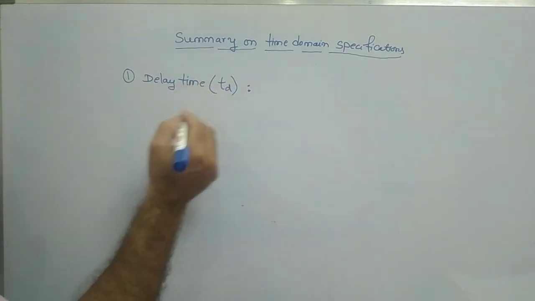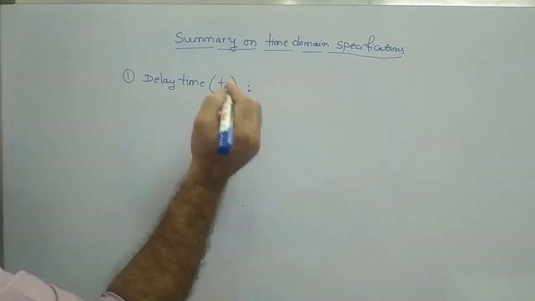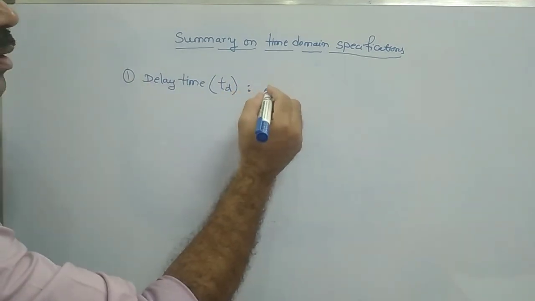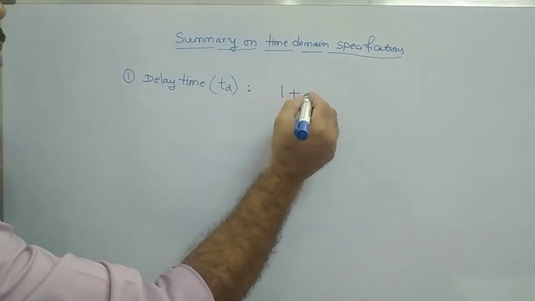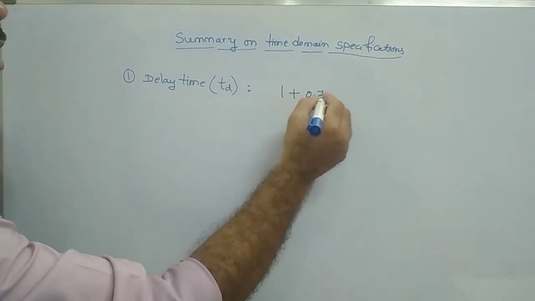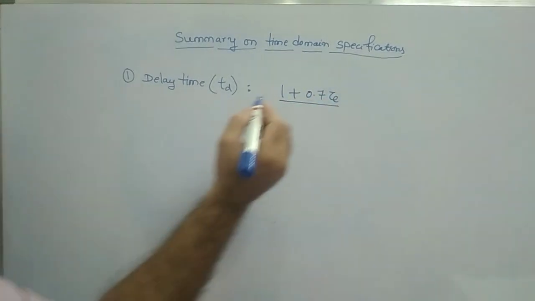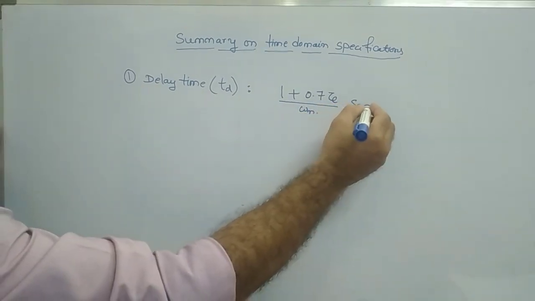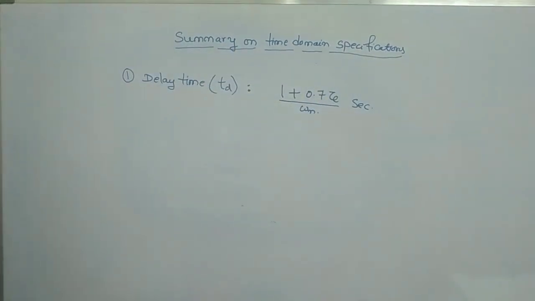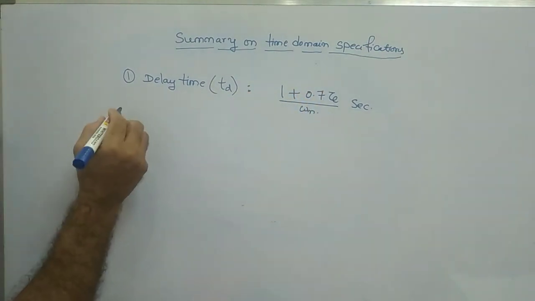For this, from the linear approximation, the mathematical expression is TD equal to 1 plus 0.7 times zeta, by omega n, seconds. That is the delay time.